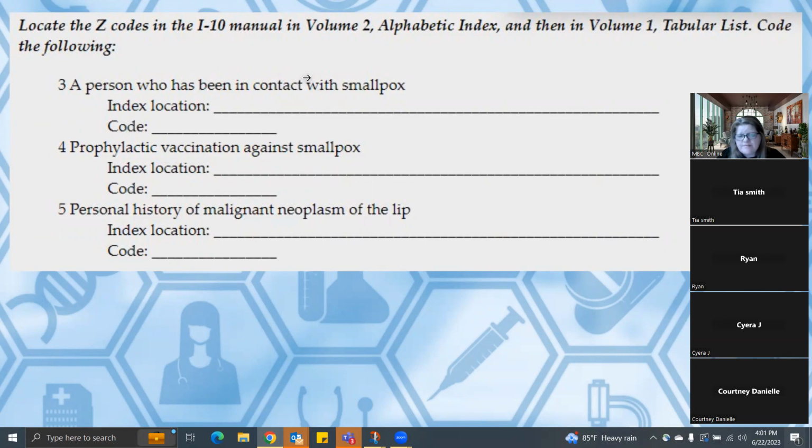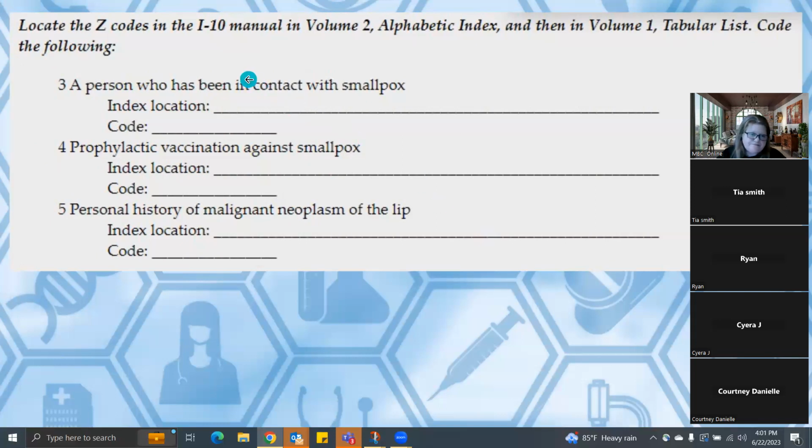The immunization is its own code that can be used by itself. In fact, number 4 right here, prophylactic vaccination against smallpox. That's why I picked this one, because these were the ones that y'all had the most questions about, so I wanted to walk through them with y'all.